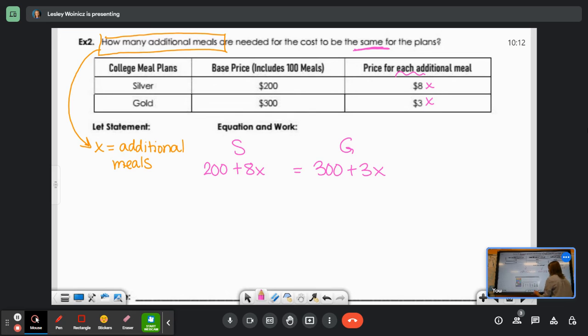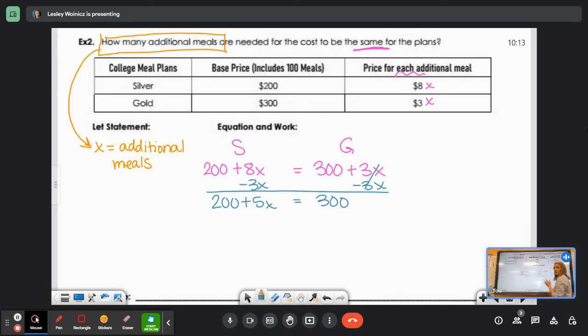Now we just have to solve and write a sentence. So let's get all of the x's over on one side so that we can divide by the coefficient of x eventually and find out what x is. So if we subtract 3x from both sides, these cancel. I get 200 plus 5x equals 300.